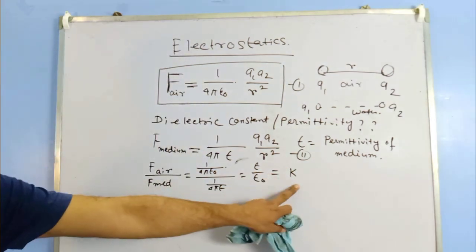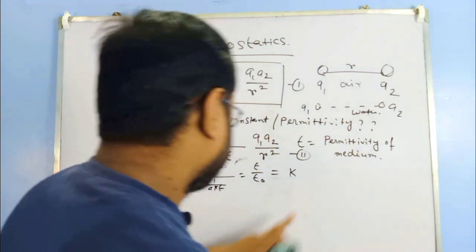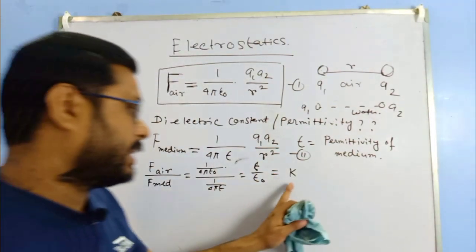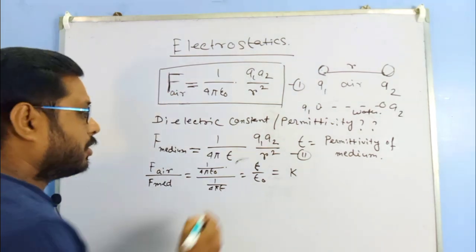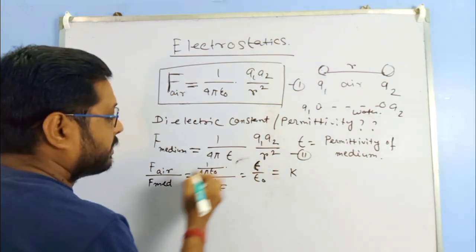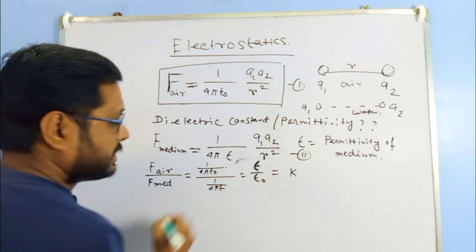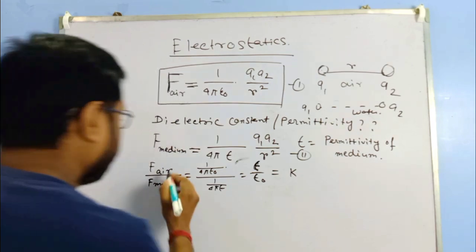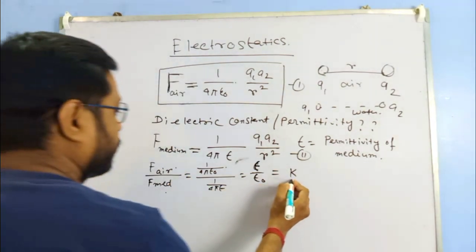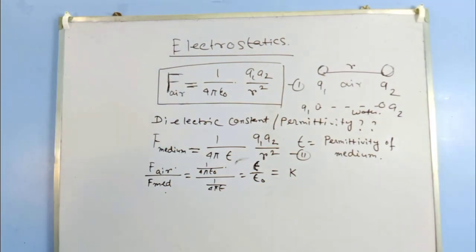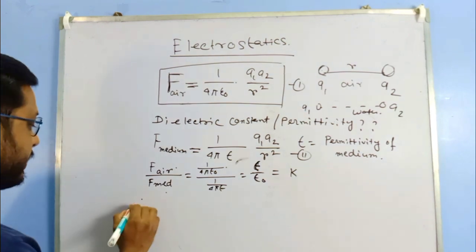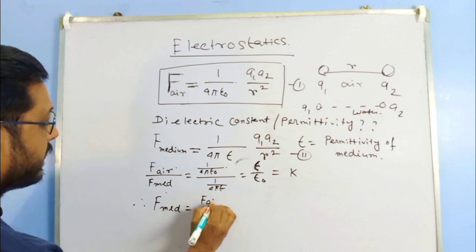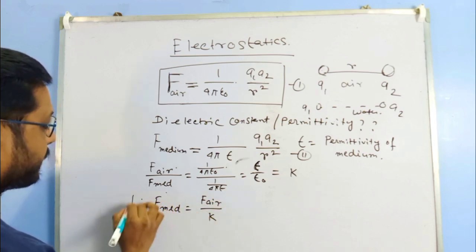Now this k is called the dielectric constant of the medium. So in terms of permittivity, we can define the dielectric constant as the ratio of the permittivity of the medium to the permittivity of free space. As F air by F medium equals k, we get F medium equal to F air divided by k.